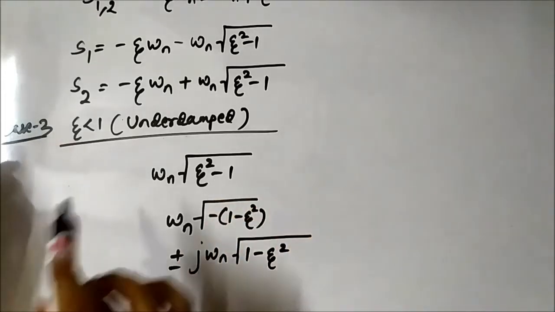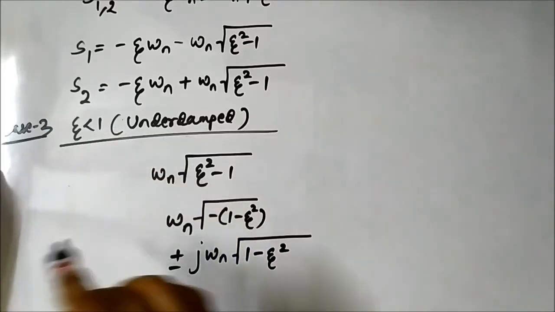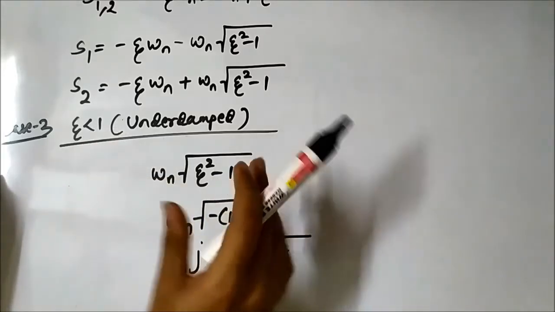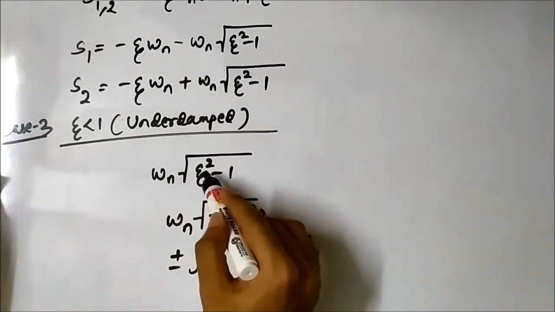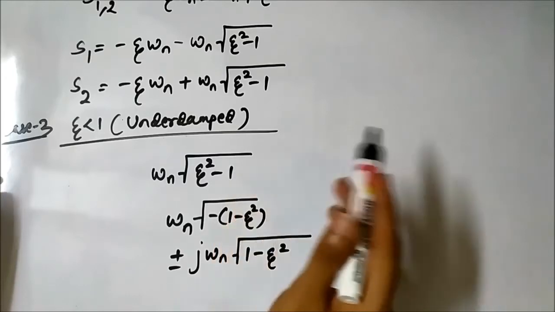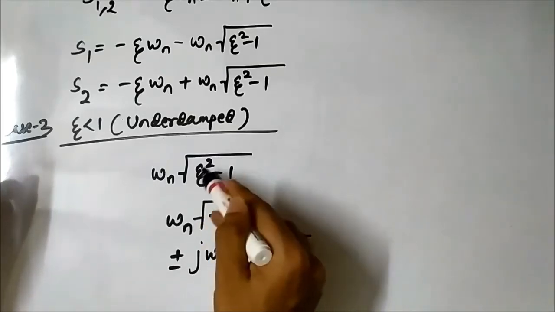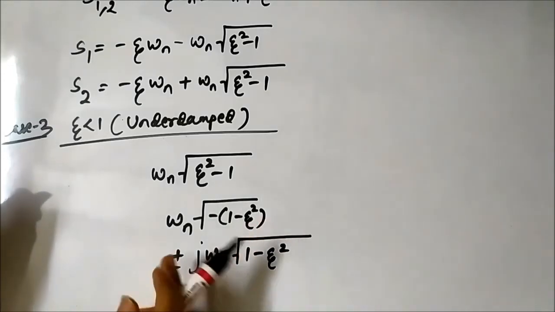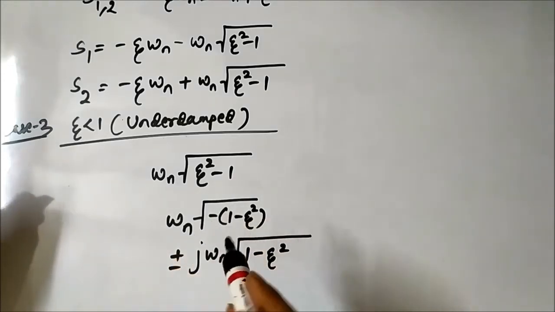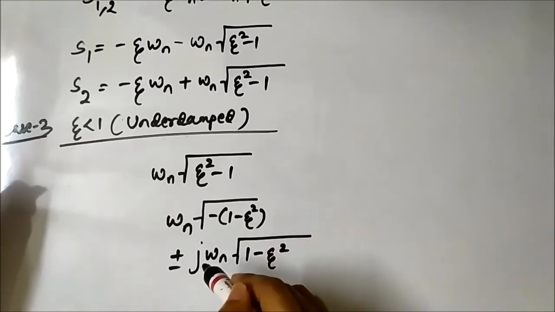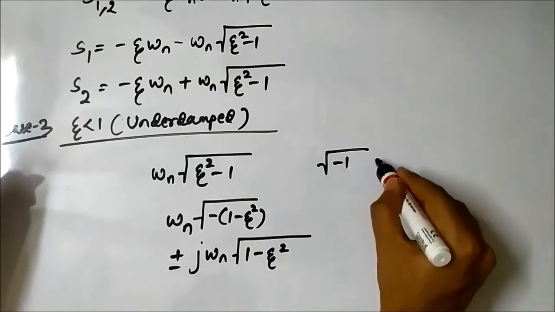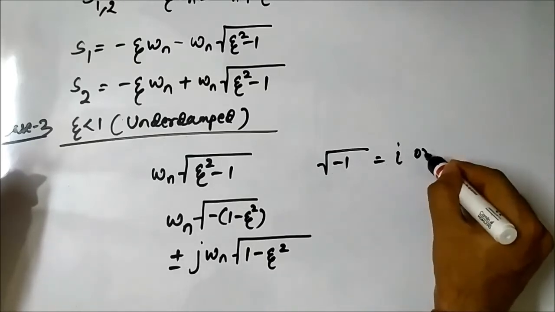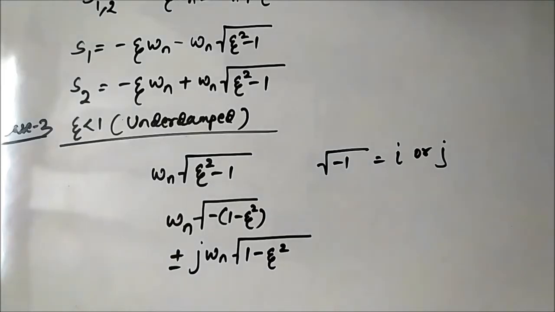Please understand, zeta is lesser than 1, so zeta square will also be lesser than 1, and zeta square minus 1 will come in a negative form. So we can write it as minus 1 minus zeta square. We know that the root over of minus 1 is iota or j, in the imaginary notation. So we can write it in this form.